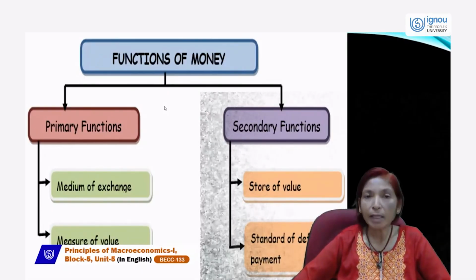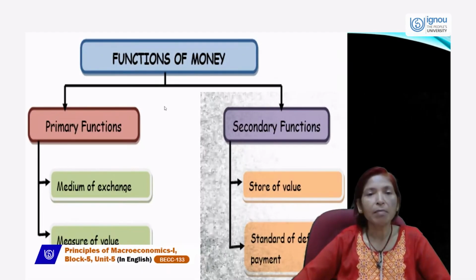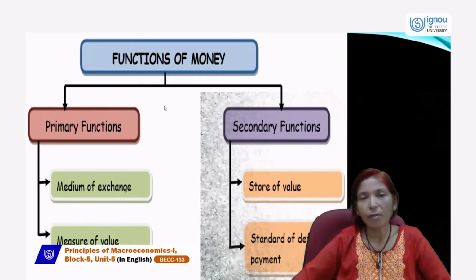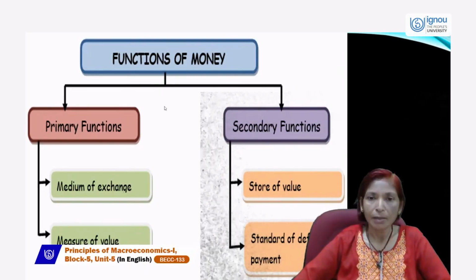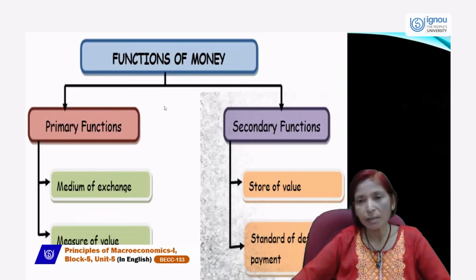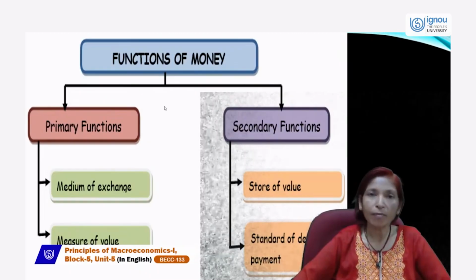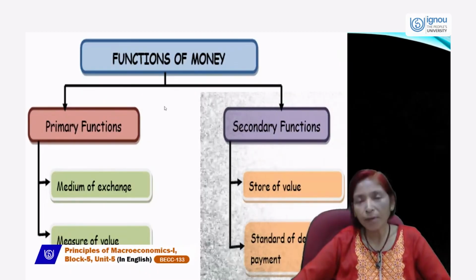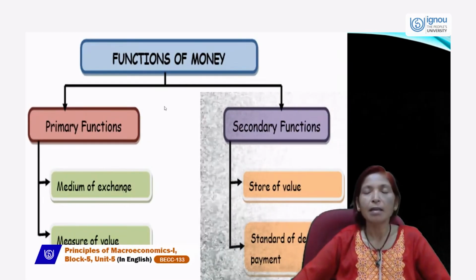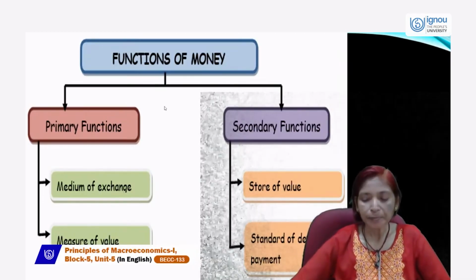But money is a very liquid form of asset. That's why money can be easily transferable from one place to another. So in secondary function, there are three main sub-functions: store of value, standard of deferred payment, and transfer of value.